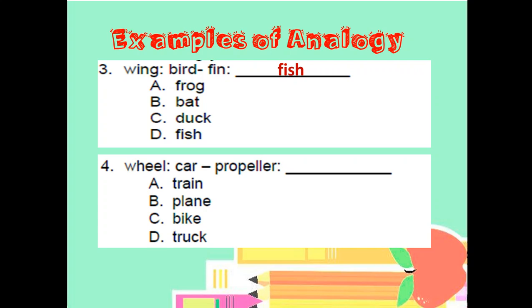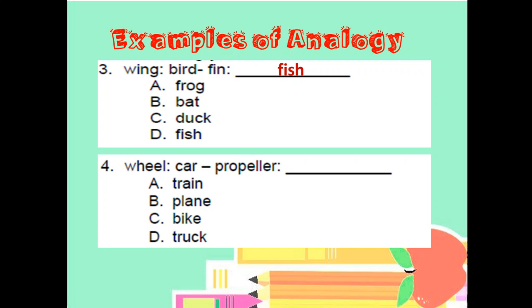Now, let us identify the relationship or the analogy for question number 4. We have wheel is to car, propeller is to blank. We have A. Train, B. Plane, C. Bike, or D. Truck. Now, let us try to identify the relationship of wheel and car. What do you think?